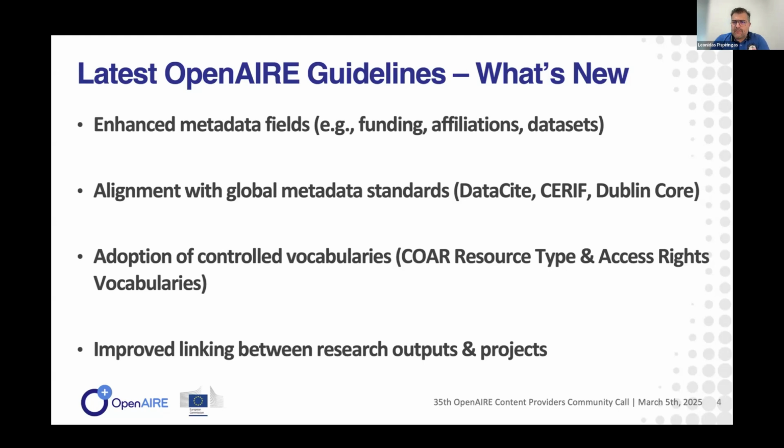We also aggregate from version 3 of the OpenAIRE guidelines via Dublin Core. We have the adoption of controlled vocabularies, specifically the COAR controlled vocabularies for resource types and access rights. And of course, the latest version of the OpenAIRE guidelines, as I have already mentioned, offers improved linking between research outputs and projects.